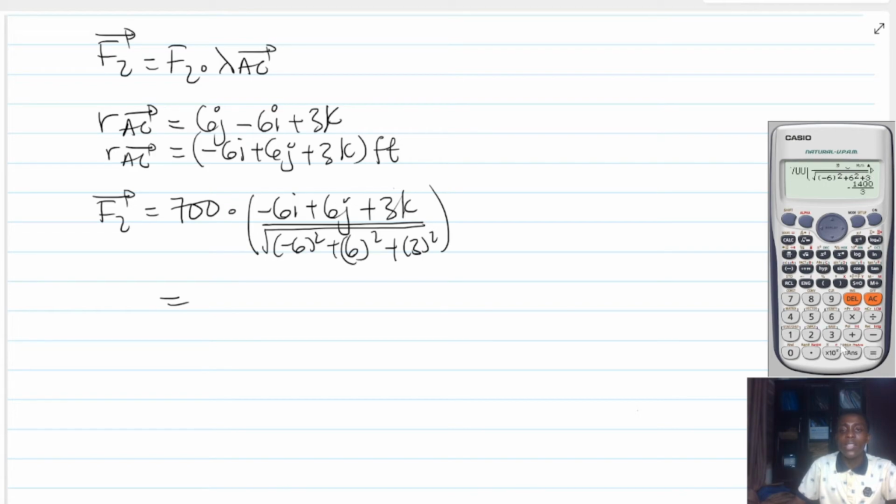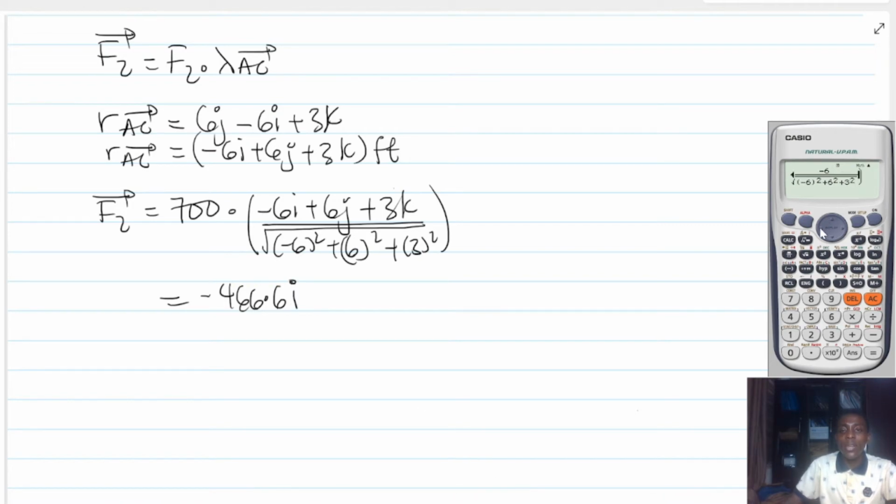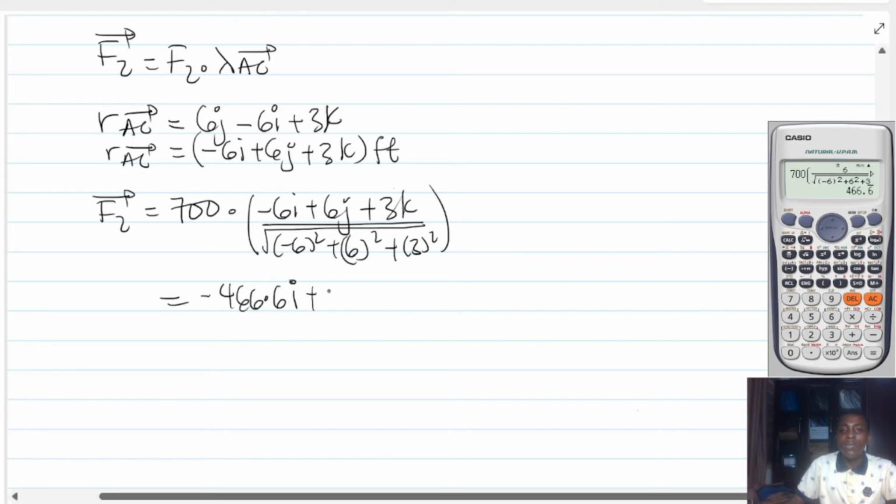And what is that? I'm going to get minus 466.6 i. Then I'll change the numerator and make it 6, but it's going to be the same, the sign will only change. So plus 466.6 j.